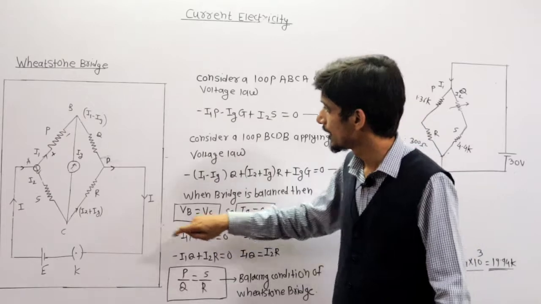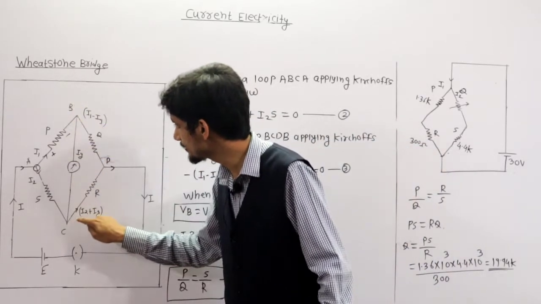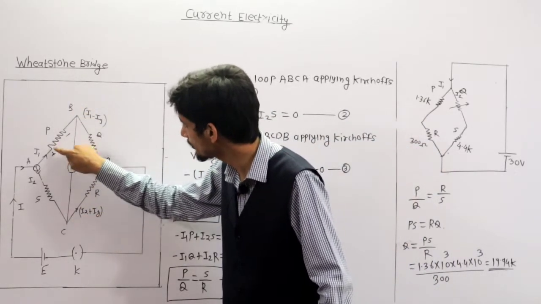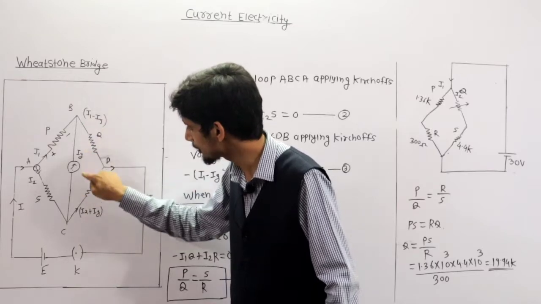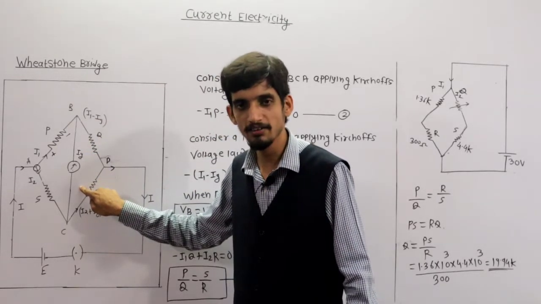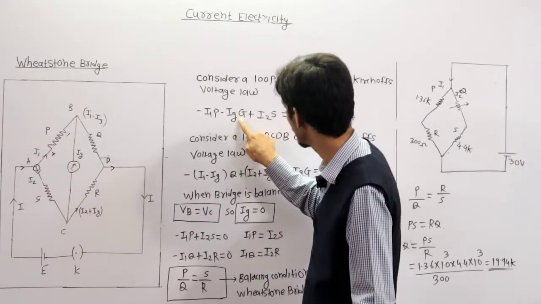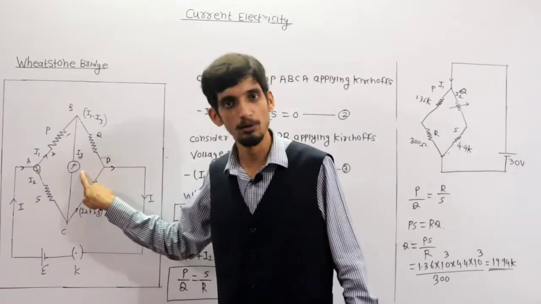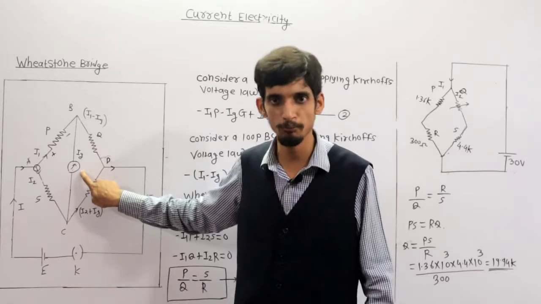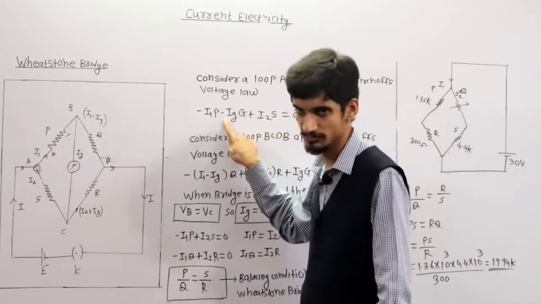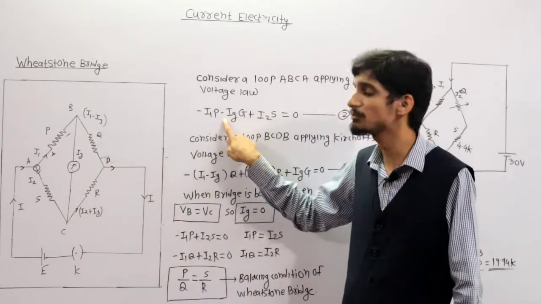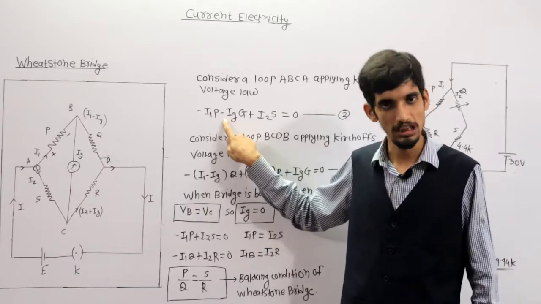Okay. Now whenever I am coming to this BC branch, what happens? Again I am going from B to C in the direction of the current, and the tracing direction is also the same. So it is Ig into G. Ig is the current flowing through the galvanometer and G is the resistance of the galvanometer, and the sign is minus. That's why here also the sign is minus Ig into G. Clear?